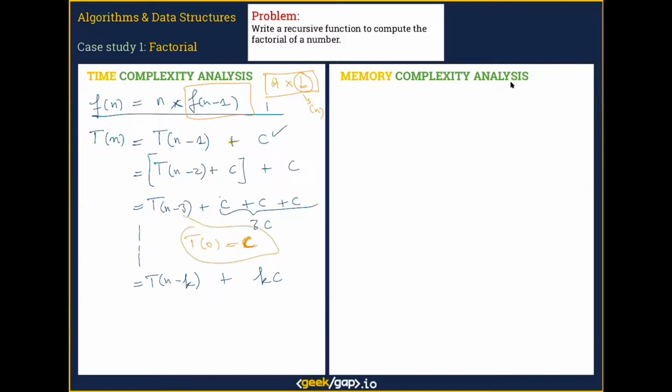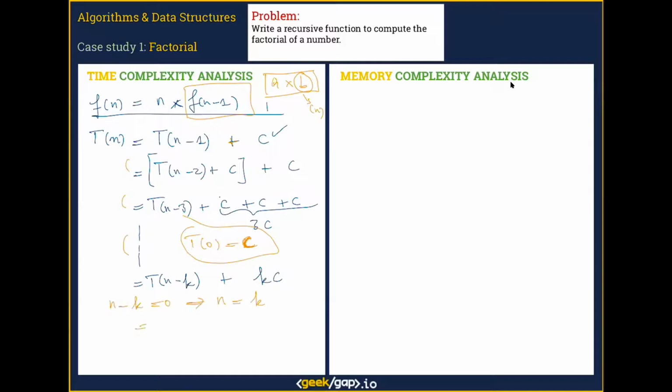So we want to express t of n in terms of something that we know. Because the more we go, at some point we're going to reach t of 0, right? So if we are at t of 0, it means that n minus k equals 0, which means that n equals k.